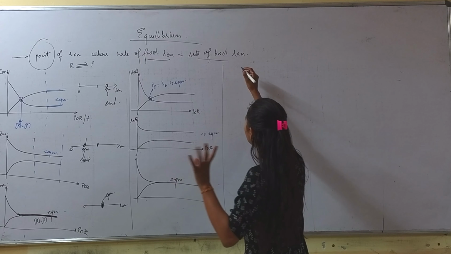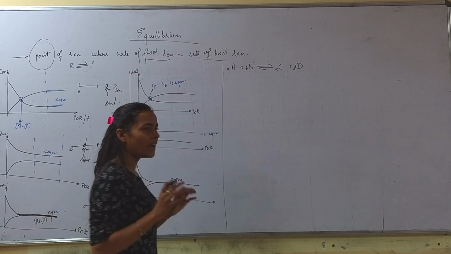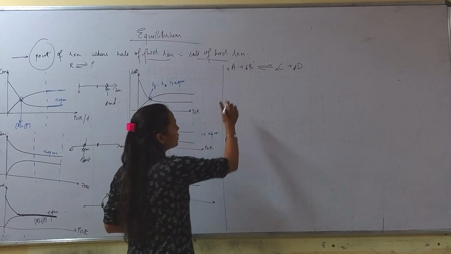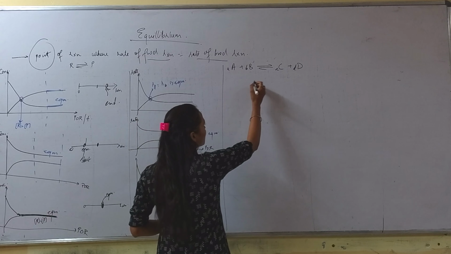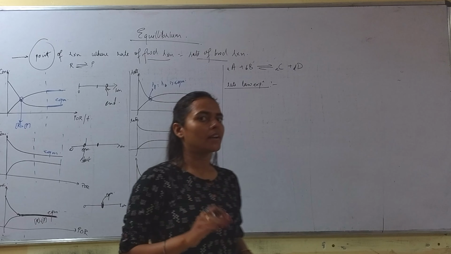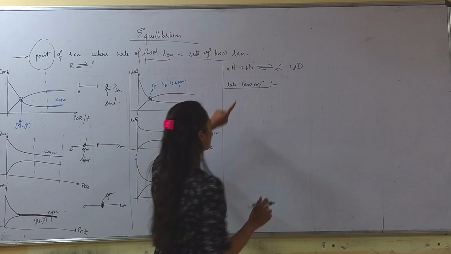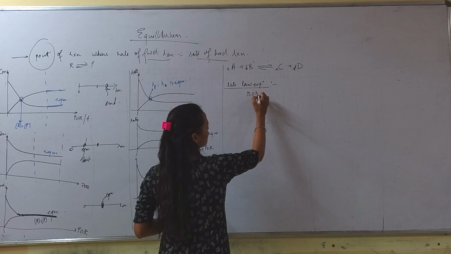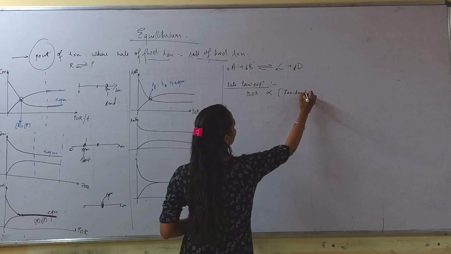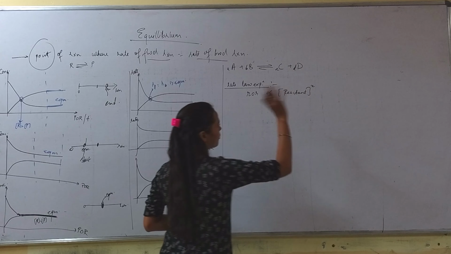Okay, now with this, I have to calculate the rate of reactions. With the rate of reaction, I have a rate law expression that is taught in the chemical kinetics chapter. And the rate law expression says that the rate of a reaction is directly proportional to the concentration of reactants to the power of their stoichiometric factor.